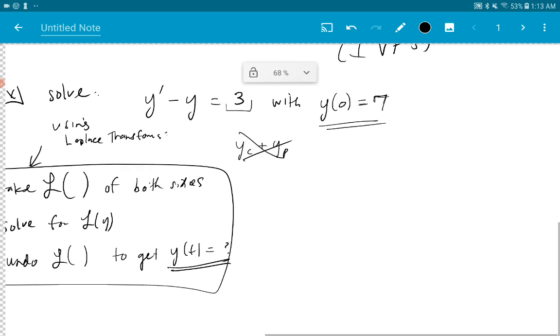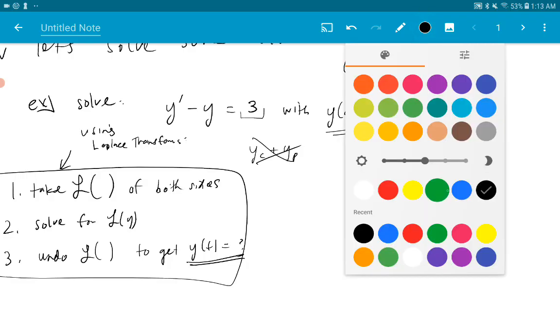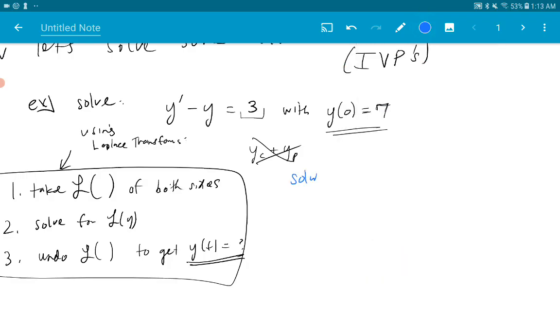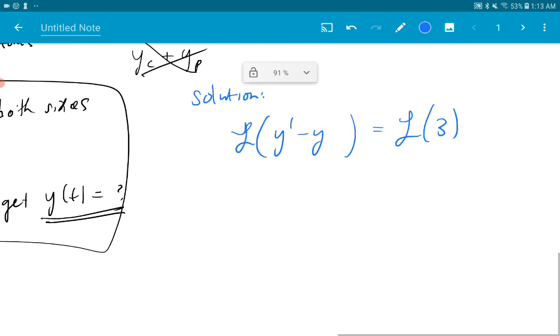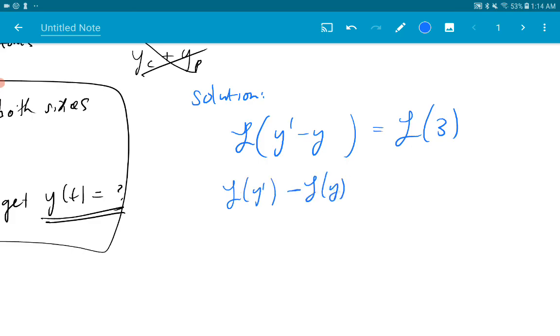Okay, so let's do it here. Here's the solution. The Laplace transform of the left side, y prime minus y, equals the Laplace transform of the right side. Remember some of the properties. This will be the Laplace transform of y prime minus the Laplace transform of y. We can split up the Laplace transform across addition.